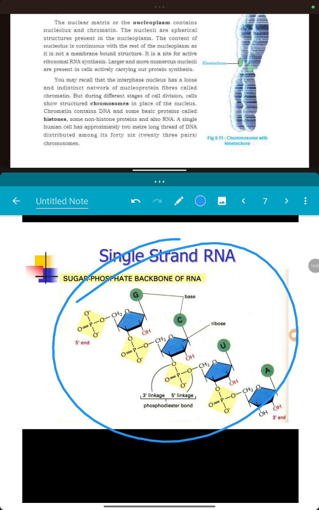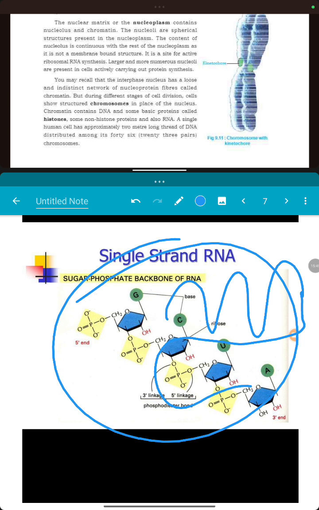This will get into a particular design, and we call it a ribosome. These are manufactured and modified here.